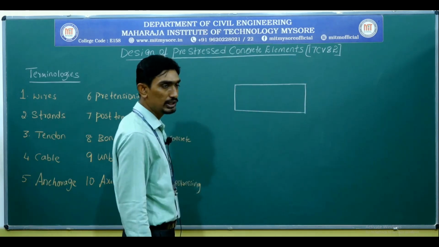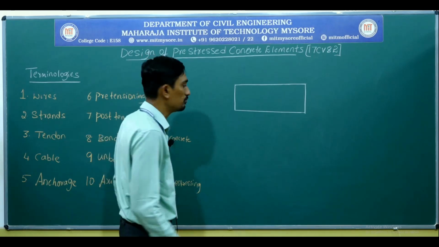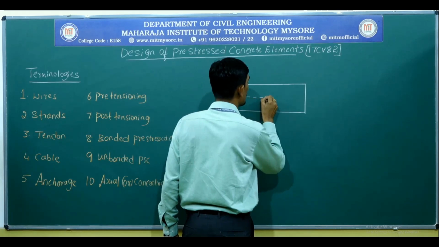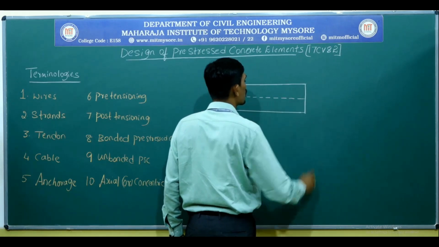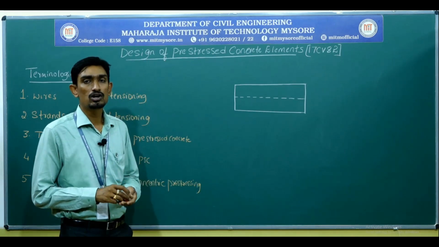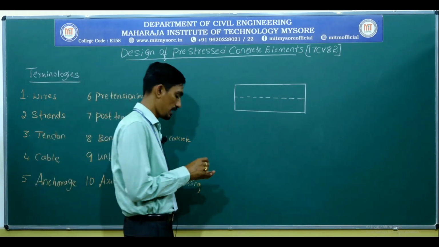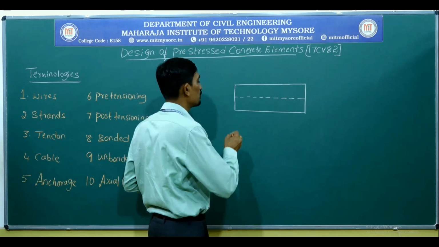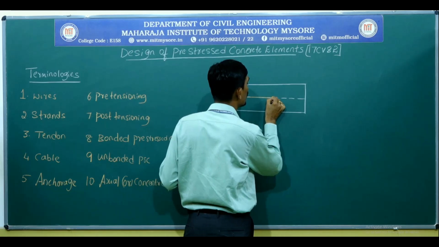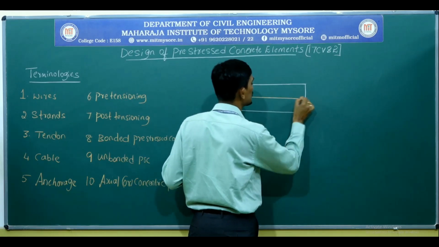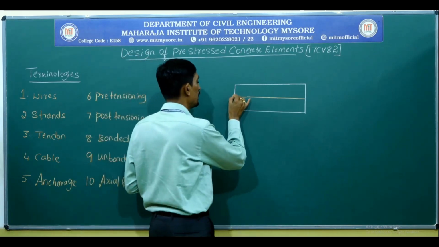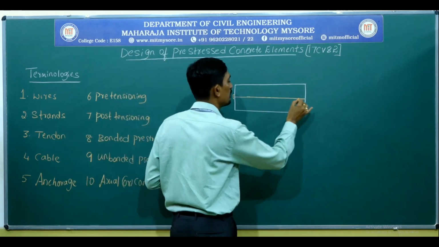This will be the centroidal axis of the concrete section. Through this I am going to induce the tendon along the centroidal axis of the section, in which it will be anchored.